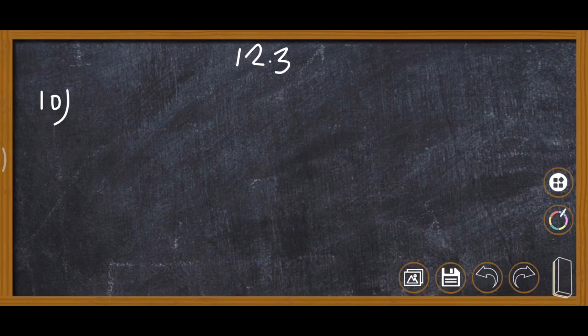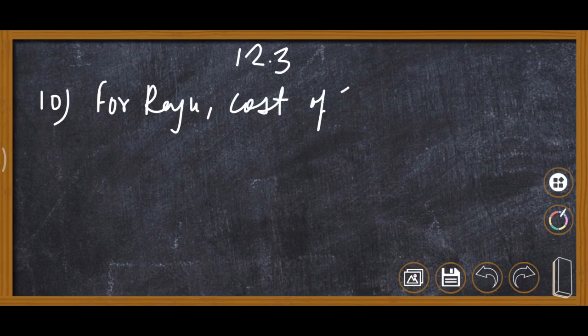Now this is question number 10. Raju purchases 10 pens for rupees 150 and Manish purchases 7 pens for 84. Now here we will find the cost of 1 pen for both. For Raju, cost of 1 pen is equal to 150 upon 10. Now it is rupees 15.